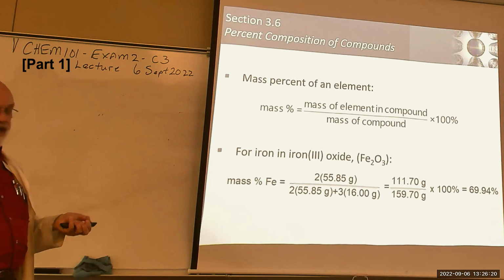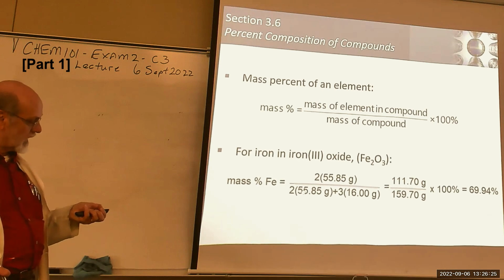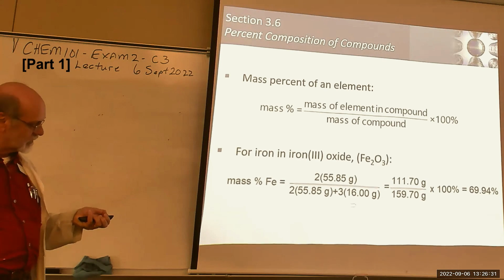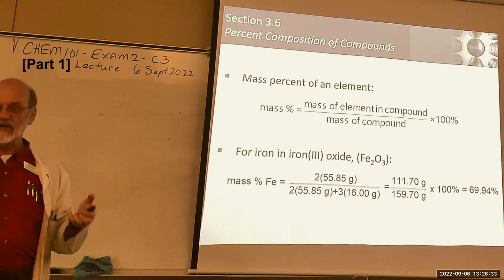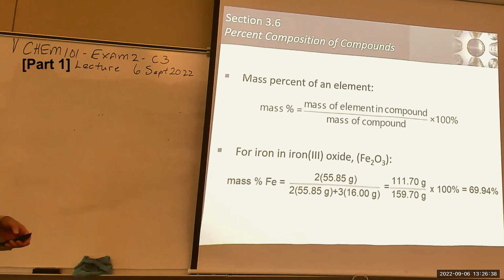So if that's true, how many moles of iron are in there? Well, you only have this much iron, so you have 2 irons here. So this much iron and this much compound times 100. Okay? And it turns out 69.94% iron in that compound.